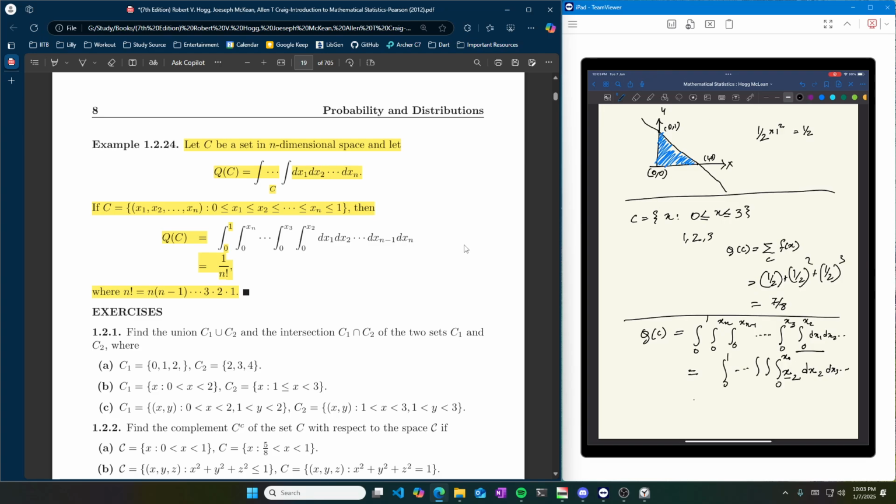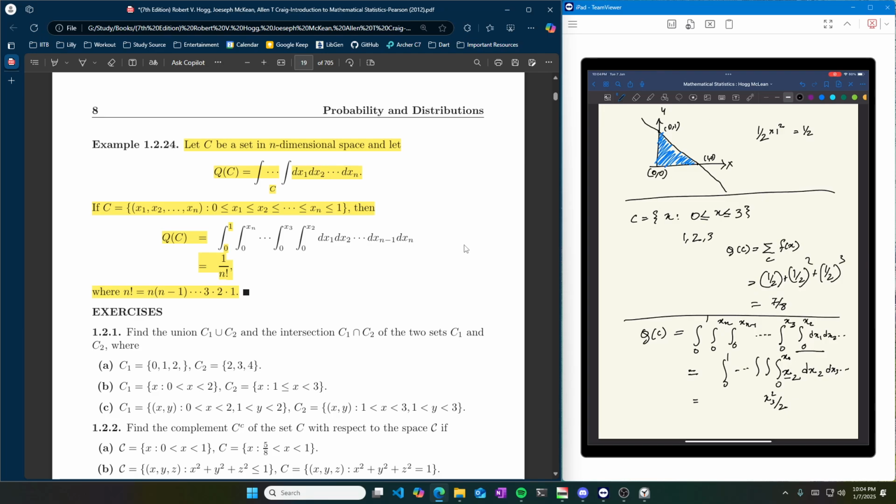And this would all have integrals 0 to 1. This would become x2 square by 2. Now x2 square by 2 would become x3 square by 2, essentially. It will just keep on increasing one by one.